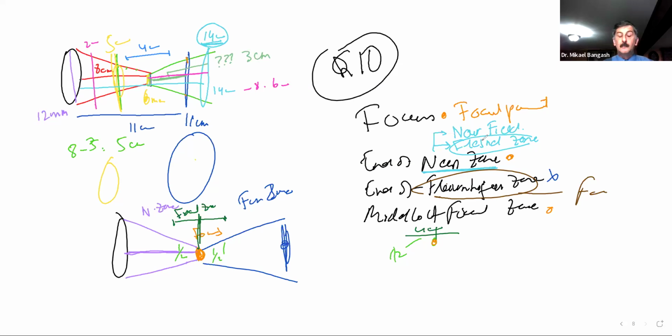Clear? So yes, for things that go under more than one name, please make sure that you know all of the names, or nicknames or synonyms or whatever you want to call them, or AKAs.